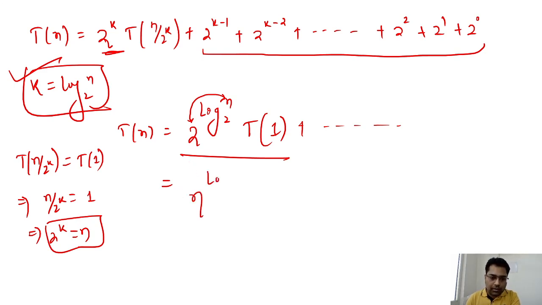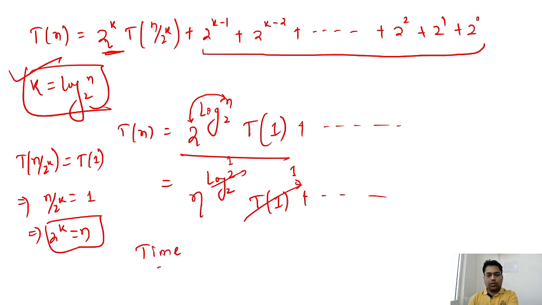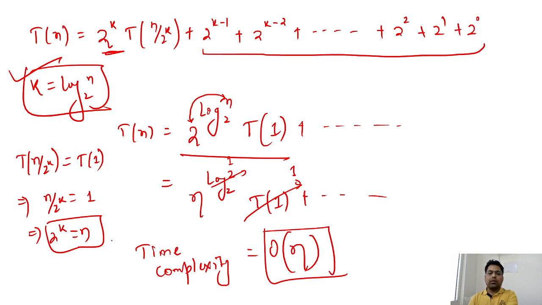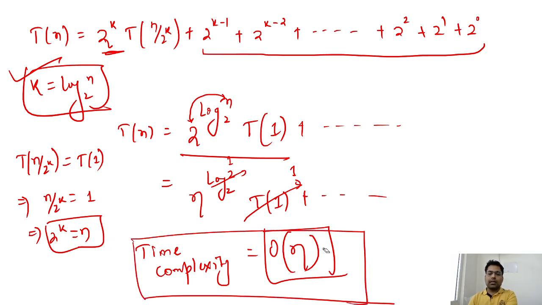Here you can say n and 2, the base will be interchanged, with T(1) plus other things. Just ignore that as usual. Here it is 1. Now the time complexity could be big O of n, instead of log n.